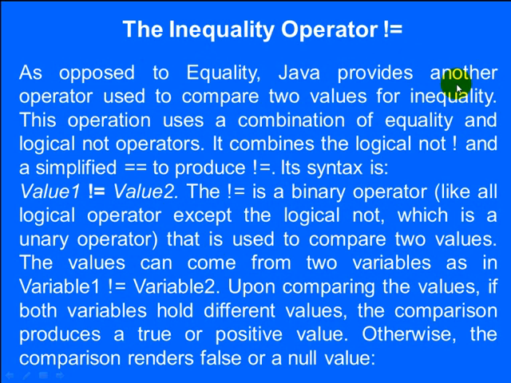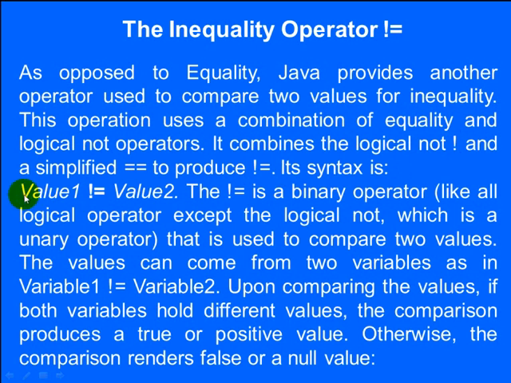It means we can compare two operands to see whether they are not equal to each other. This operation combines the logical not and a simplified equality operator to produce not equal to.